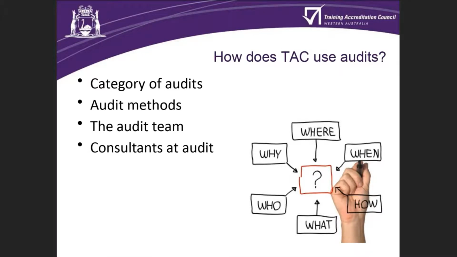Obviously, there are also audits that are triggered by complaints from external agencies or individuals against an RTO, and TAC has a very clear and straightforward process for this. They manage any complaints. They make the first decision as to whether or not the complaint can be substantiated.